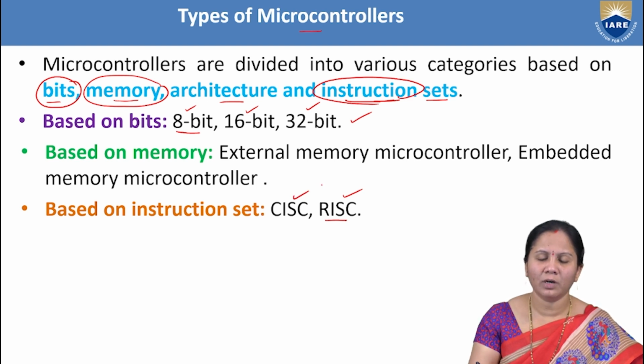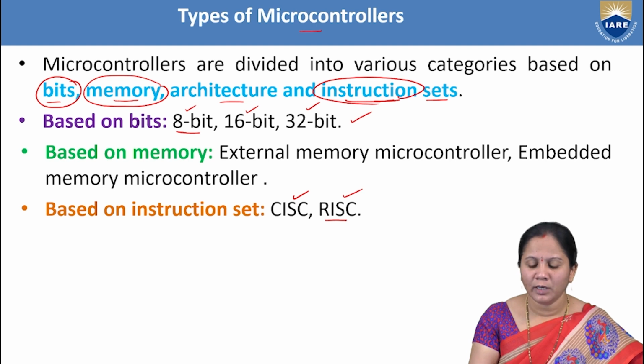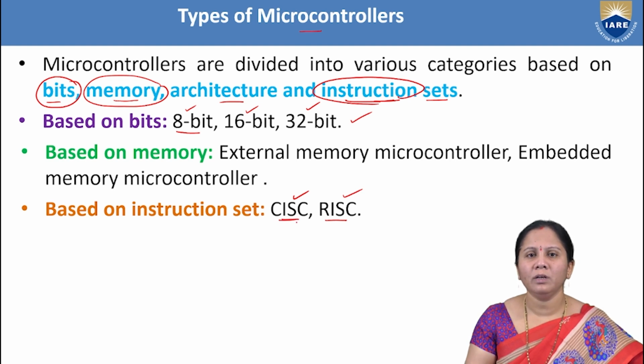Why it is called Complex Instruction Set Computer: in order to perform any operation, if it is CISC, only one instruction we can use and that instruction will perform many functions. Whereas RISC is Reduced Instruction Set Computer, which means the instruction set will be simple. In order to write a program to perform a specific task, we have to use more instructions.